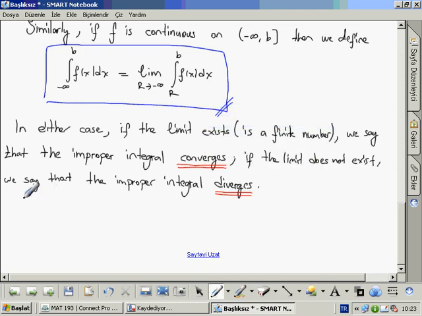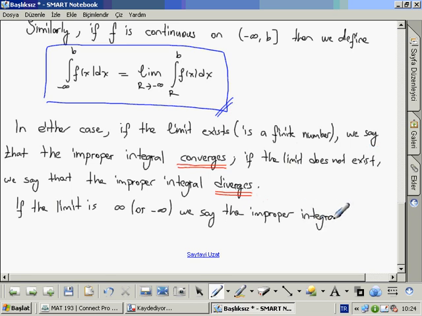And if the limit is infinity or minus infinity, we say the improper integral diverges.